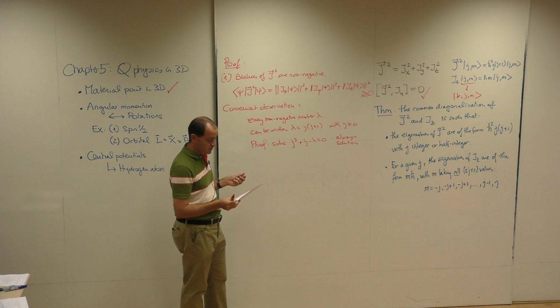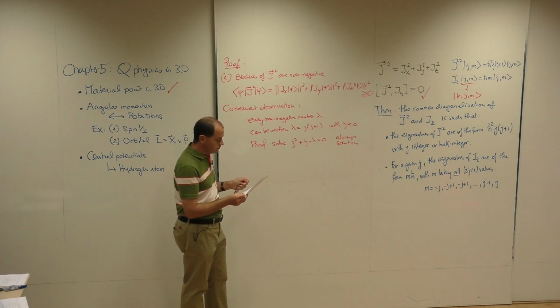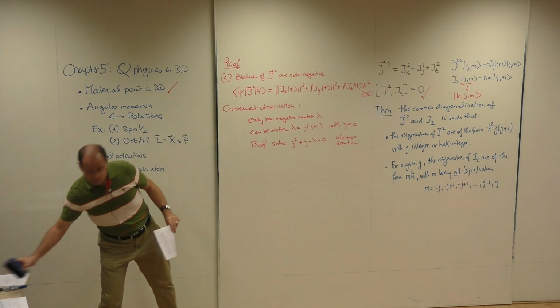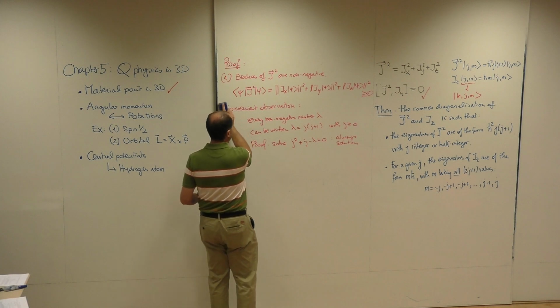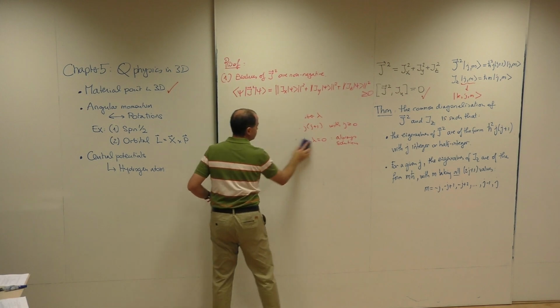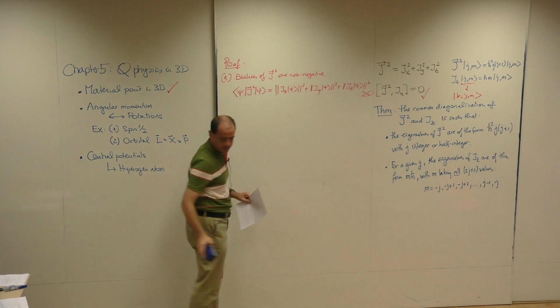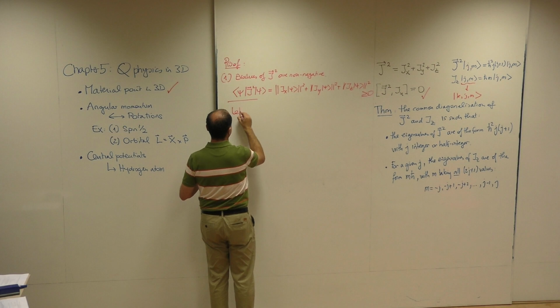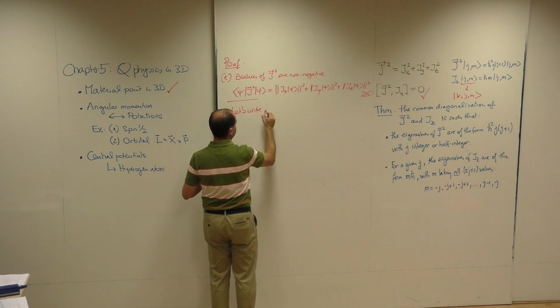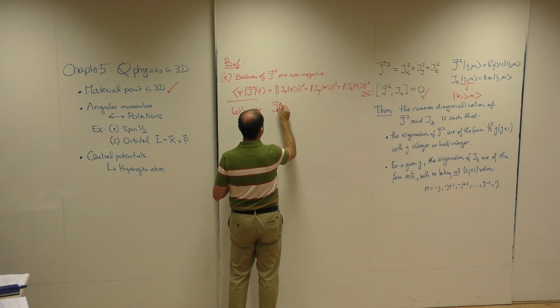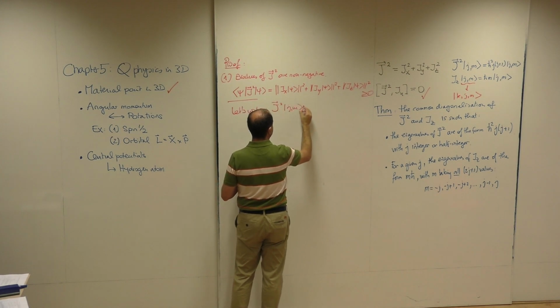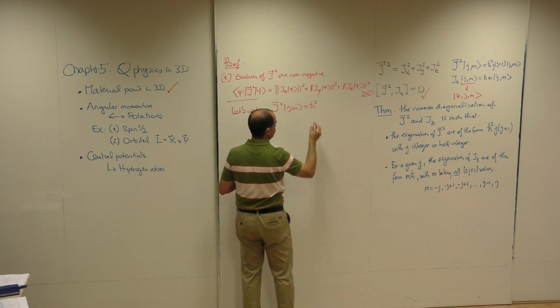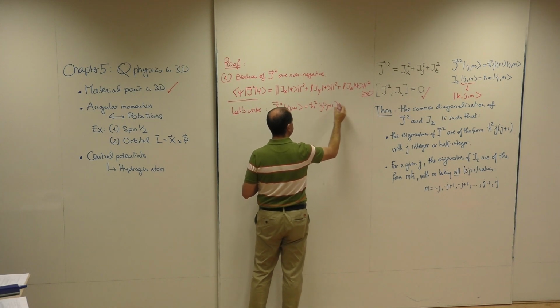Because of this, I just erase this convenient observation. You keep it in mind, it's in the lecture notes. So let's write what we have written already there. J square Jm is equal to h bar square j times j plus 1 Jm. The h bar is for dimensional reasons, just a scaling.